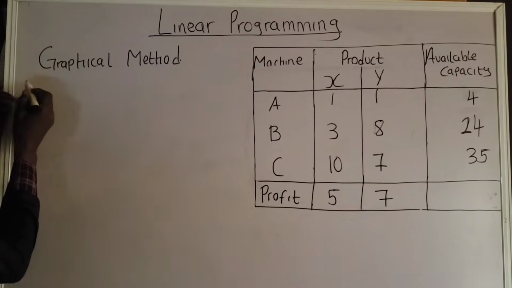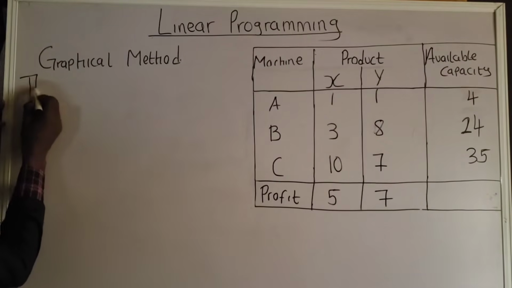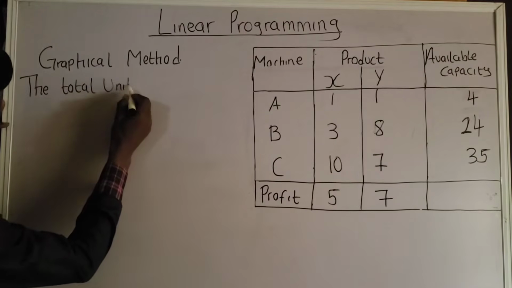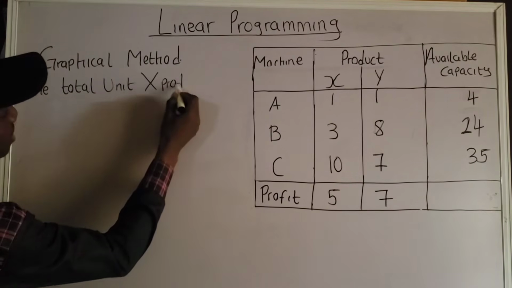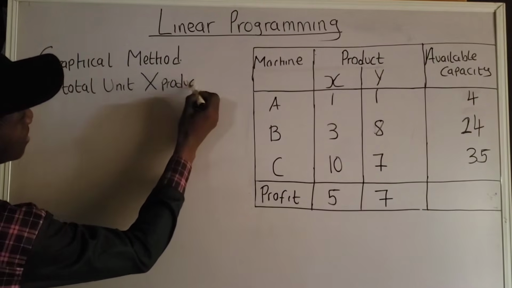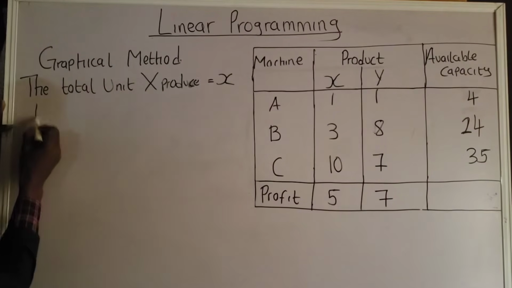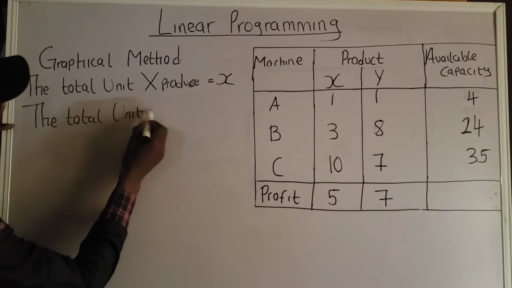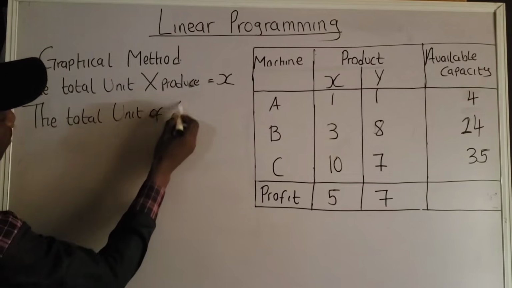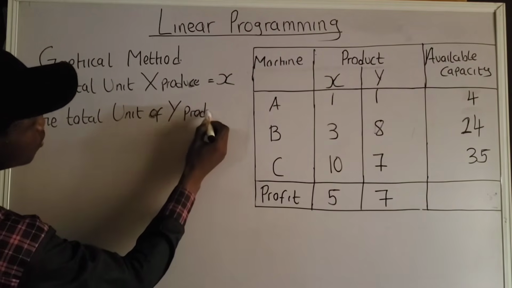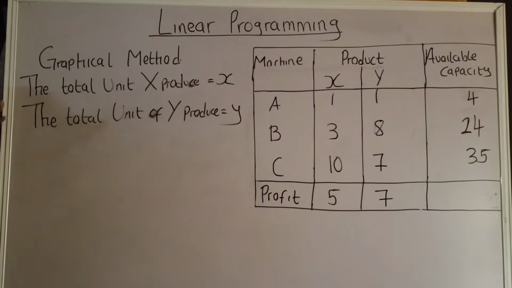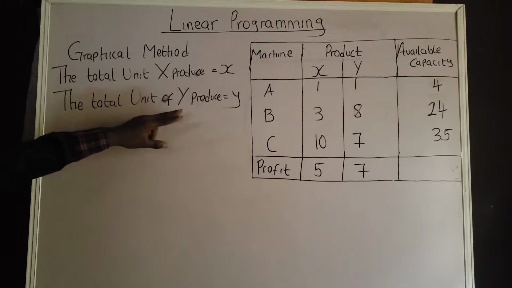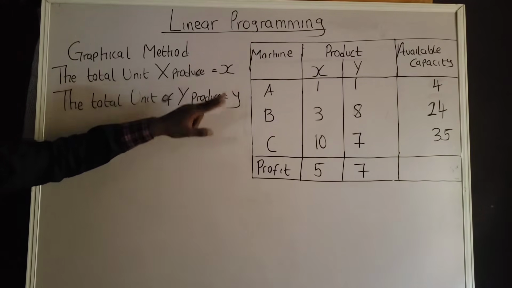So let the total unit of X produced be small letter x, and the total unit of Y produced be equal to small letter y. You understand? Having represented the total unit of X produced and the total unit of Y produced by the company as small letter x and y.